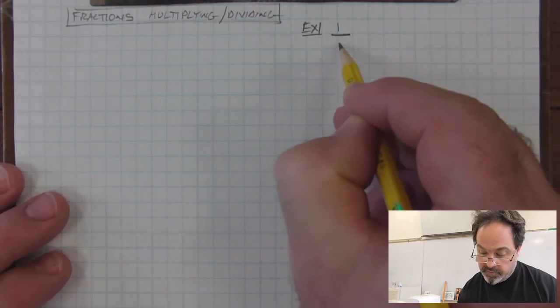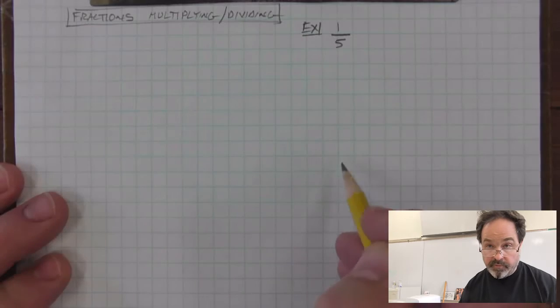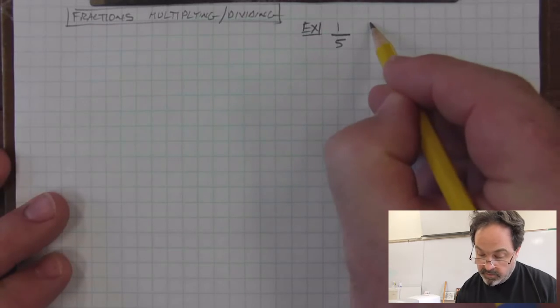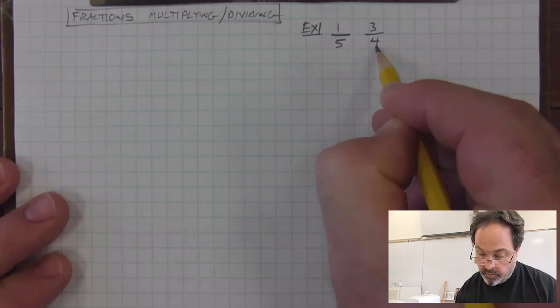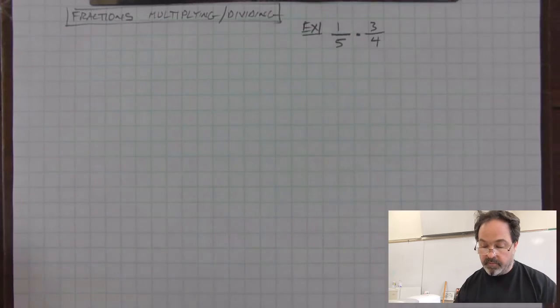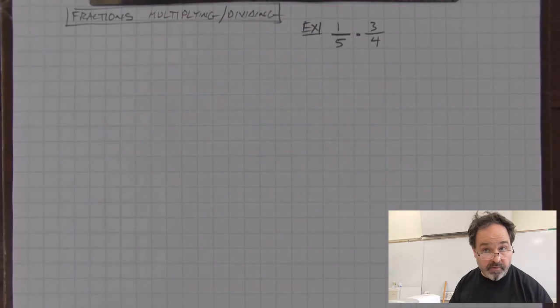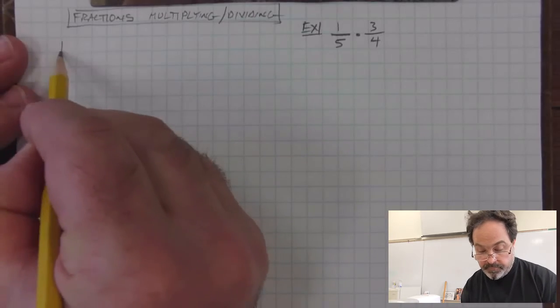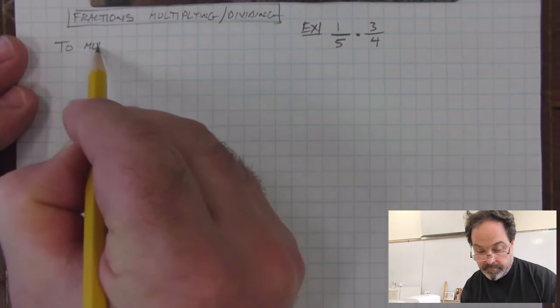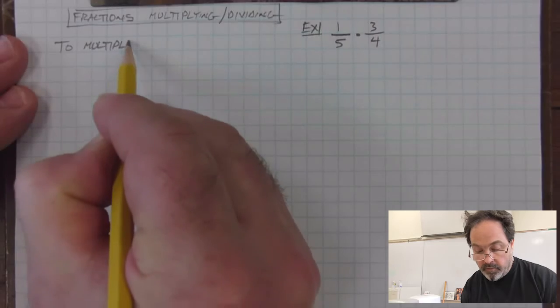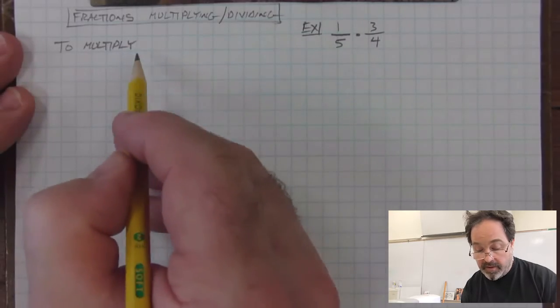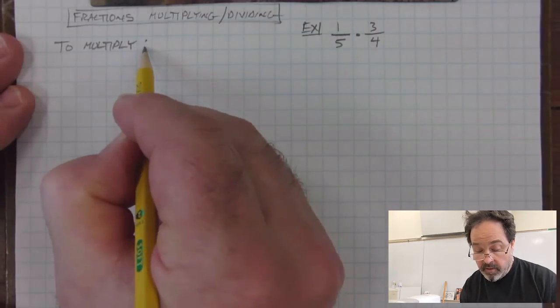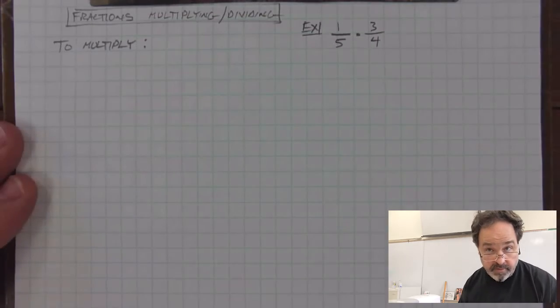If I have the fraction 1/5 or 1 over 5 and another fraction 3 over 4 and I'm multiplying them, then I'm multiplying fractions. How do I multiply fractions? Of all the operations, multiply, divide, add, and subtract, multiplying fractions is the easiest.